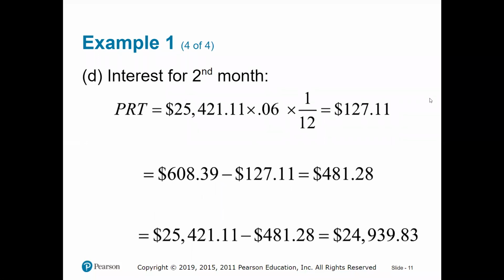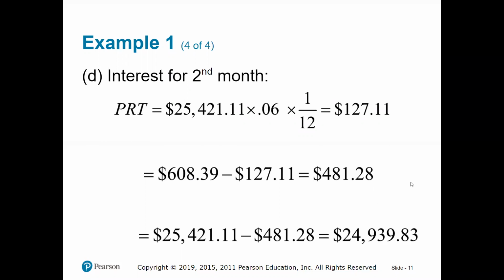All right, interest for the second month. We're going to take the principal from the previous month's balance times the 0.06 times the 1/12, and we'll get an interest of $127.11. You'll take that off of the payment amount. So now you're going to hit the principal with $481.28.